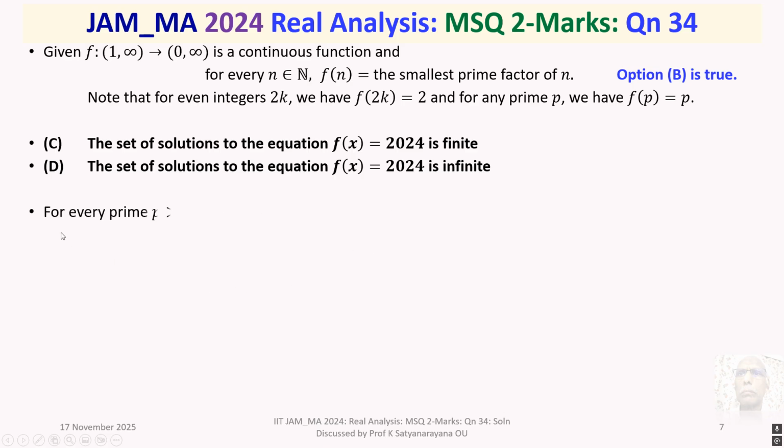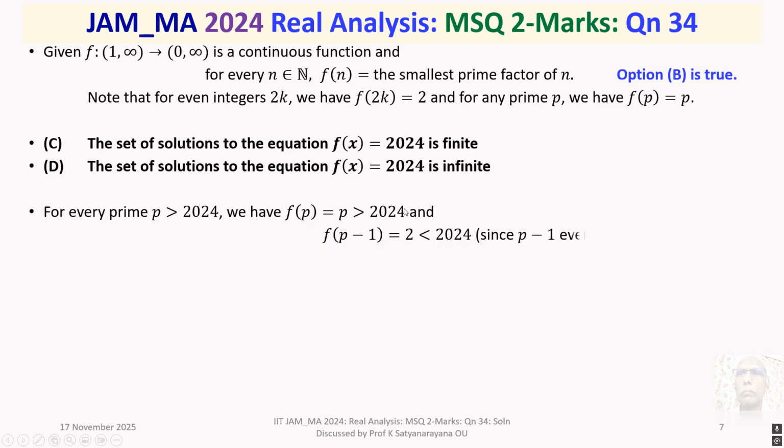For every prime number p greater than 2024, take any prime number greater than 2024, then we have f of p, because p is a prime number, it is p, because the smallest prime factor of p is p itself, which is greater than 2024.